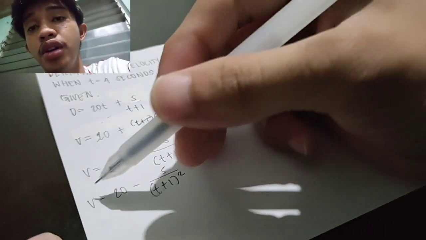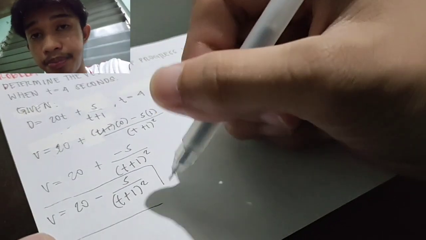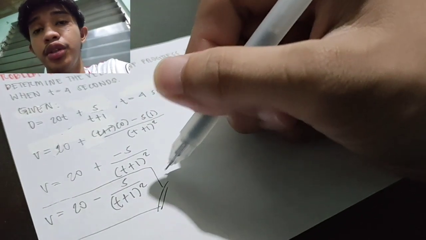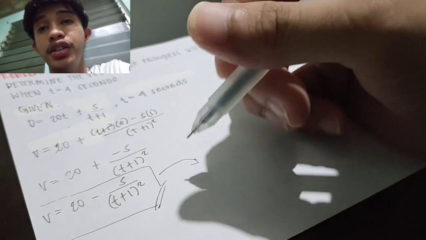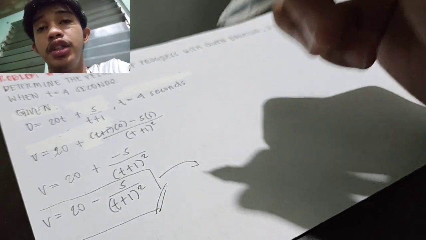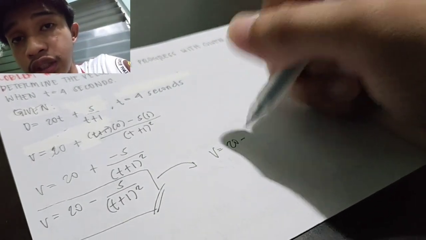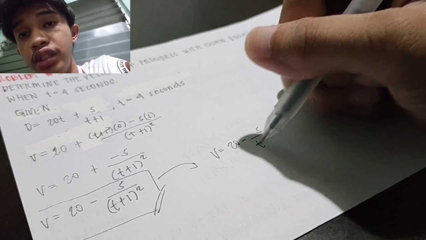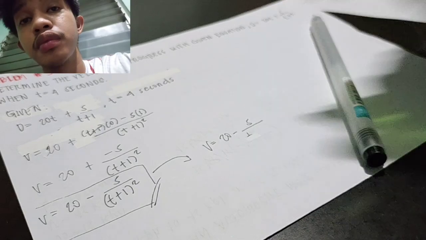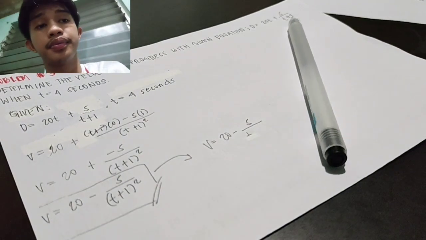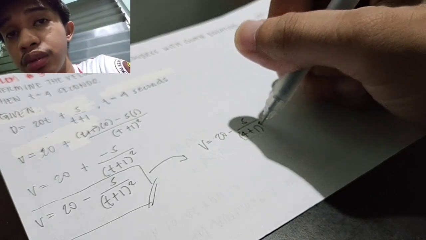So now we have the velocity equation. Now we are going to plug in the given time to get the answer for the question and determine the velocity in the given equation. So v is equal to 20 minus 5 over t, wherein t is equal to 4, plus 1 squared.